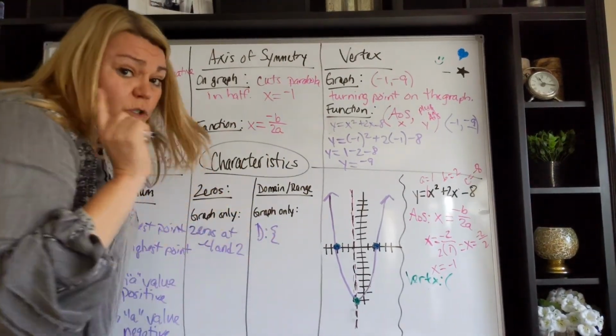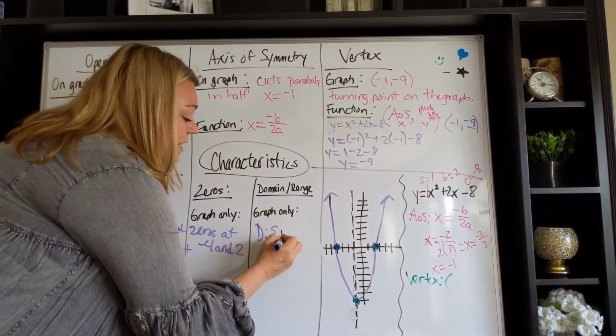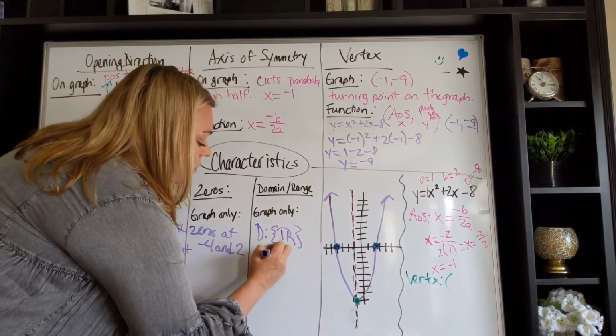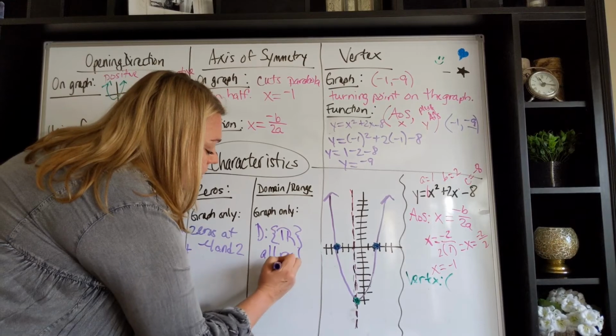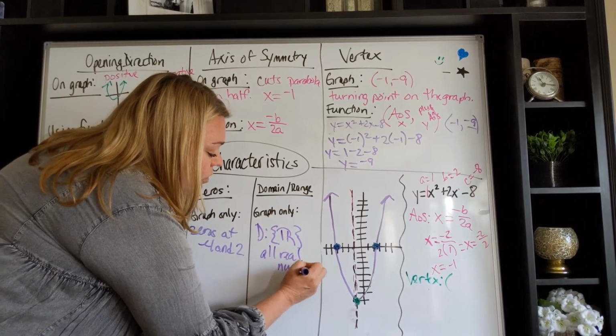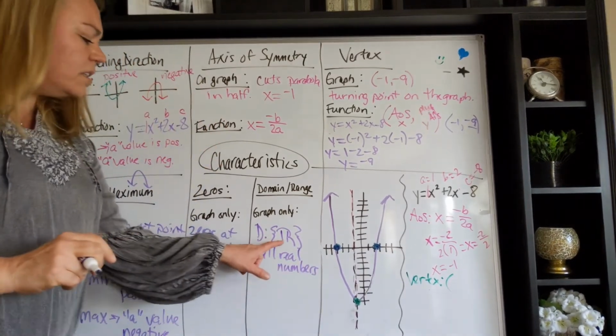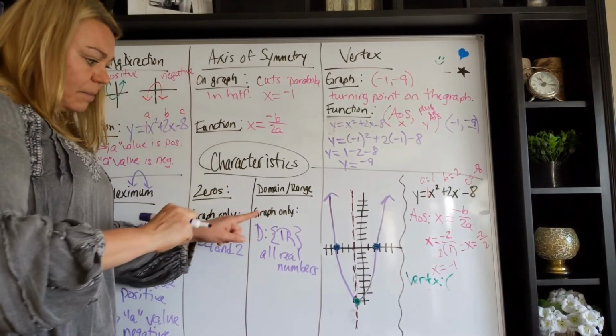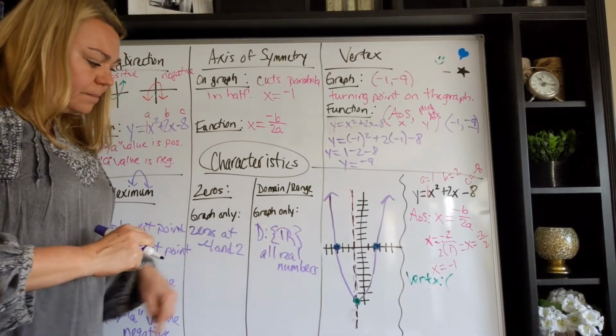But what I can do is use a symbol to represent that. We're going to say that it's all real numbers. You can write out all real numbers if you want to, or you can use that symbol, and I'm pretty sure we've used this symbol before. It's just two straight lines and then a giant, looks like a giant R. Okay?